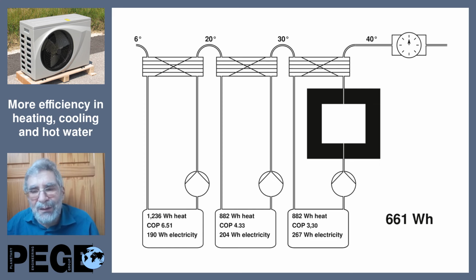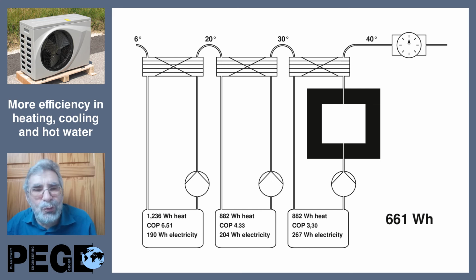And the next heat pump heats up the water from 20 to 30 degrees. And again, because we heat up only to 30 degrees, we have also here a very good COP of 4.33. And only in the last step, we heat up to 40 degrees Celsius.